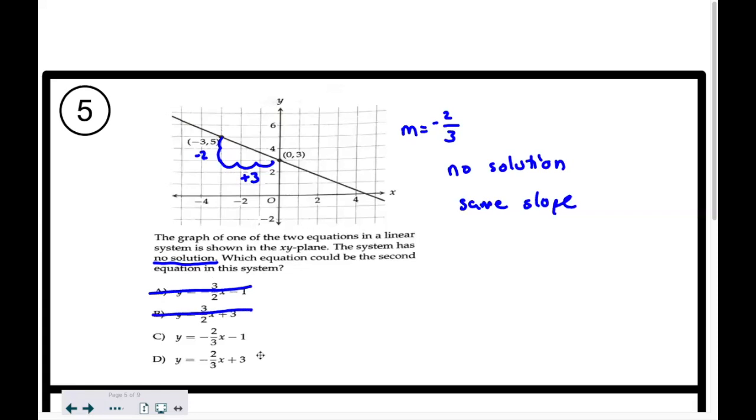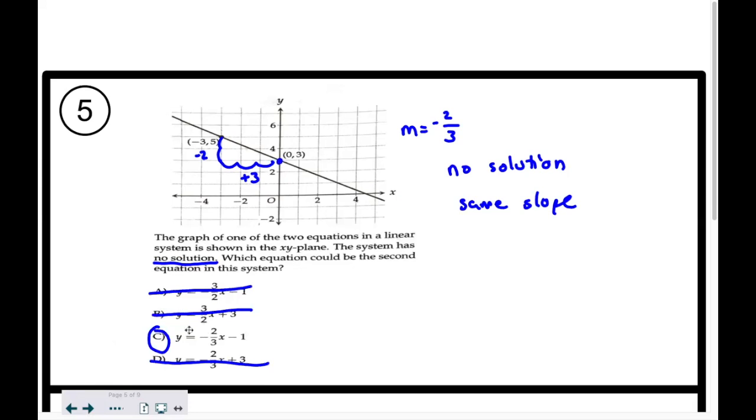And that leaves me with C and D. But notice D has a y-intercept of 3, and so does this. So D would actually be the exact same line. That's there because that would be the infinite solution problem. That's like our distractor. So the answer has to be C. So same slope, different y-intercept is what would give you no solution.